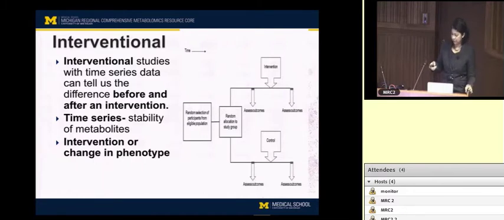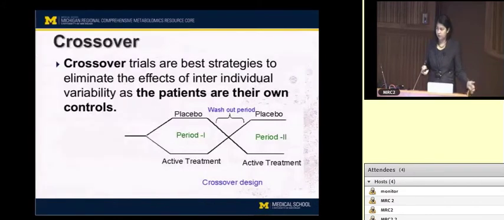The other thing you can do is, because you're measuring the same study subject before, after, you can kind of control the inter-individual variability. Crossover studies are also good study designs because the patient can be their own controls. Therefore, you're taking away the inter-individual variations, and because of the many time points usually in these studies, you get reproducibility checked as well.